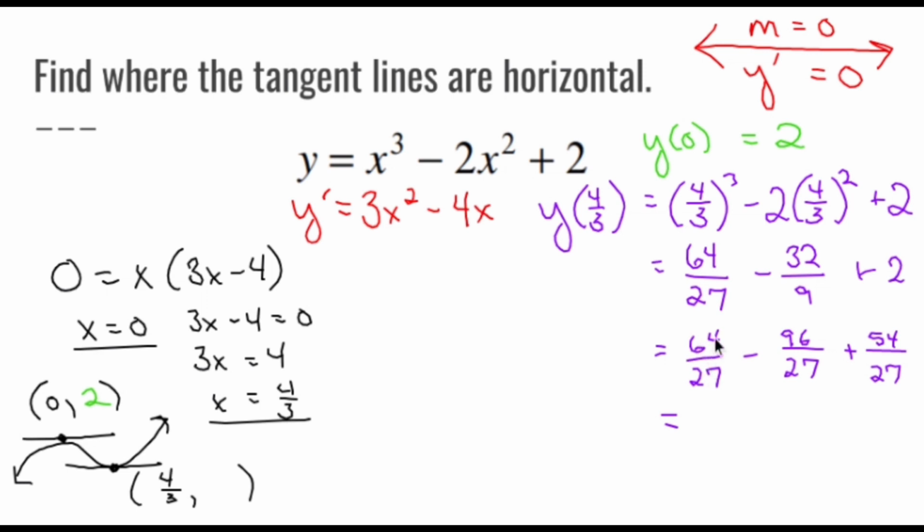Let's do the positives first because I like being positive. 64 plus 54 is 118. 118 minus 96 is 22 over 27.